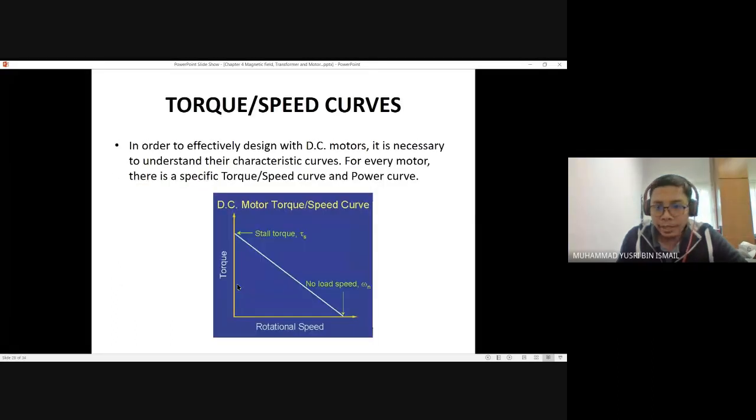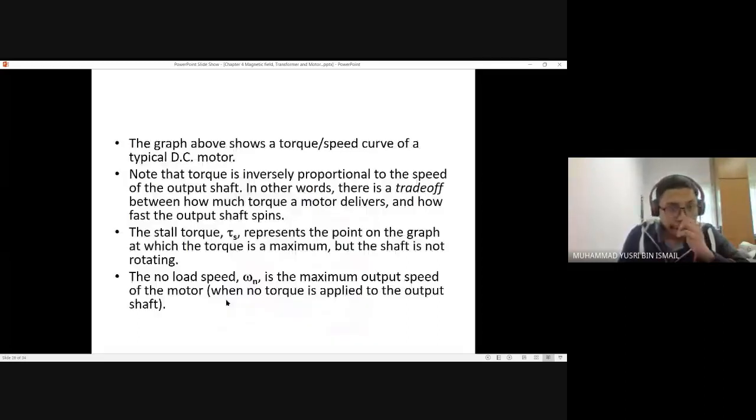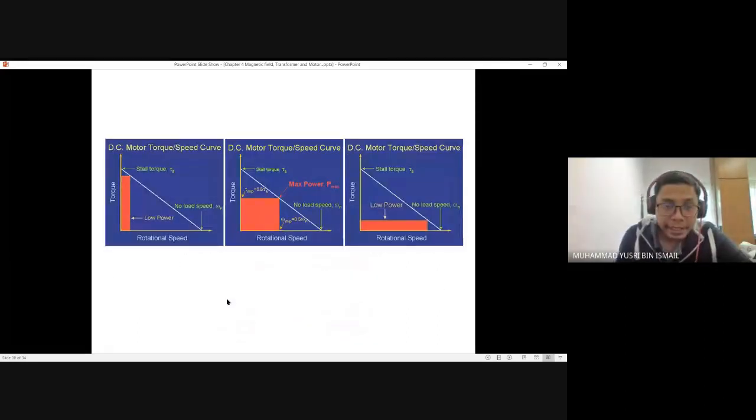So dekat sini lah. Here, when the omega, which is rotational speed, is the maximum, the torque is zero, and when the torque is the highest, there will be no speed. So this is the characteristic.